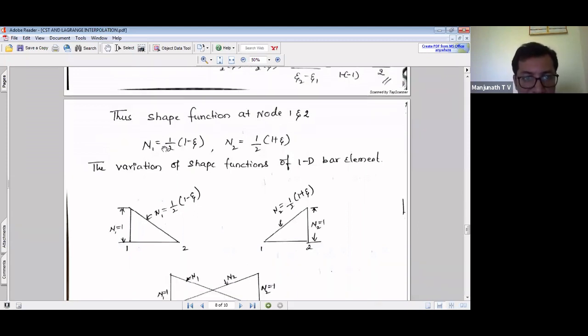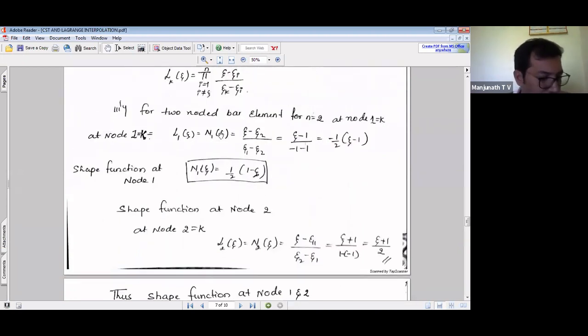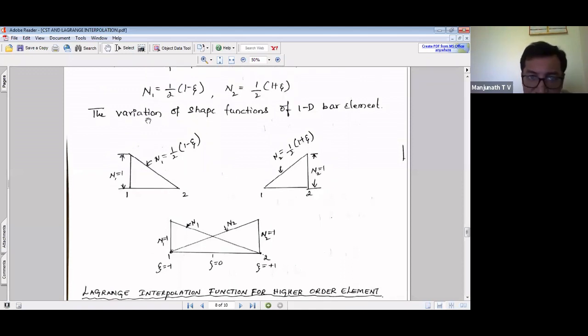So overall, the shape function for node number 1 is N1 and for node number 2 is N2. These equations we have got by using Lagrange's formula. In a similar way we write the variation of shape functions. At node number 1, N1 is 1, and at node number 2, N1 becomes 0. How it varies from 1 to 0 is shown by the equation N1 equal to 1 by 2 times (1 minus zeta), decreasing from 1 to 0.